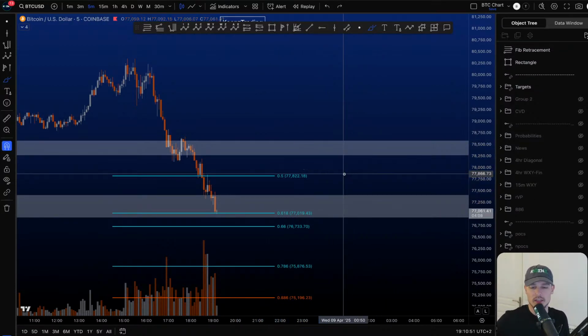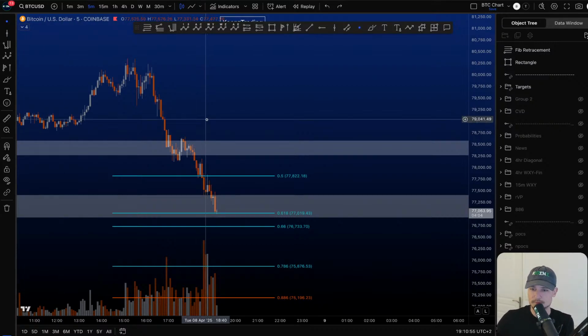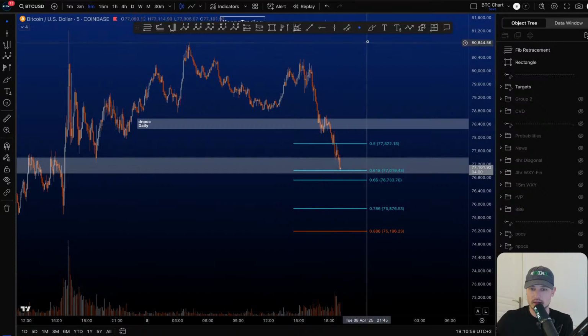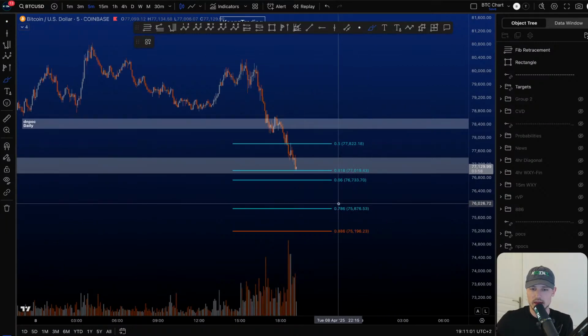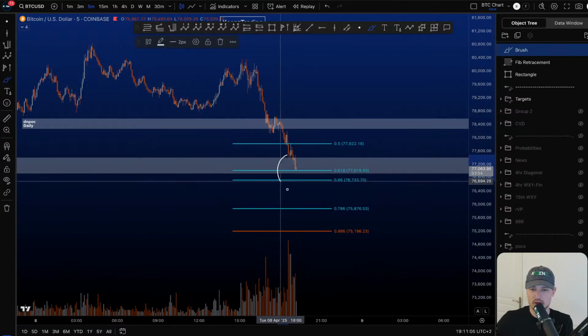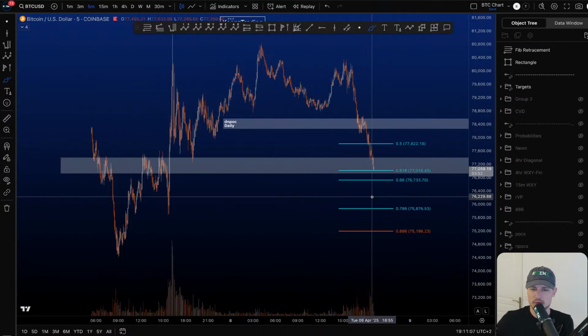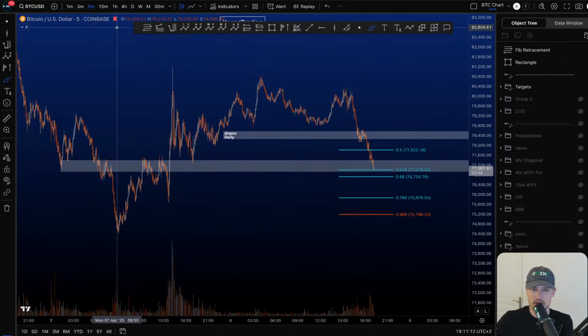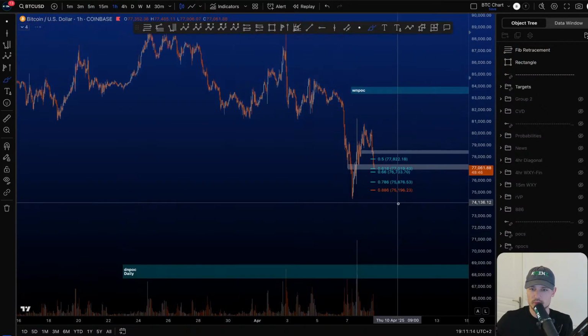Now that creates interest from my side. As long as we don't get anything like that, I have zero interest, and we are touching the golden pocket, volume increasing. If we lose the golden pocket, arguably the final level in this area, then down we go, take out the low, and we move to lower supports.